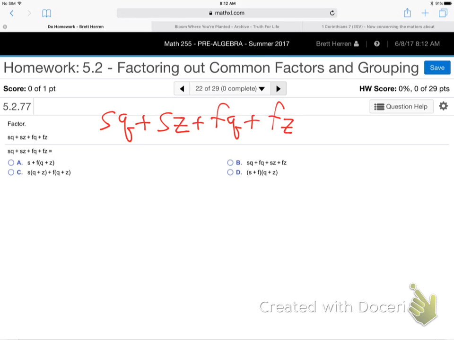So what are we going to do with 4 terms? This is the first time we've had this many, huh? 4 terms. What are we going to do with 4 terms?